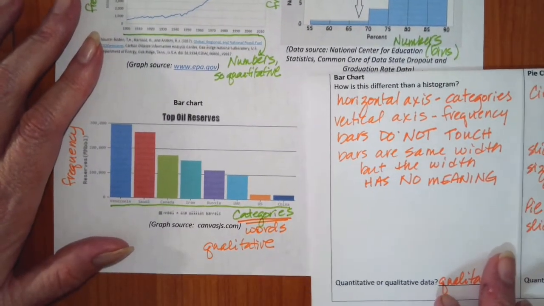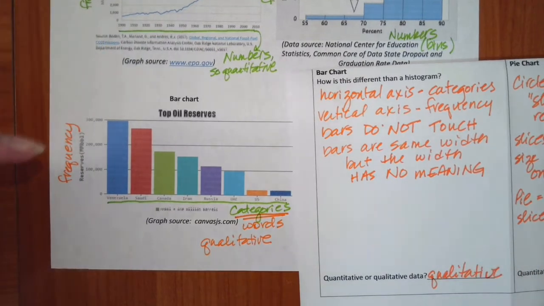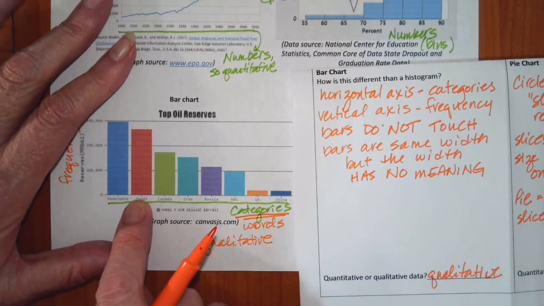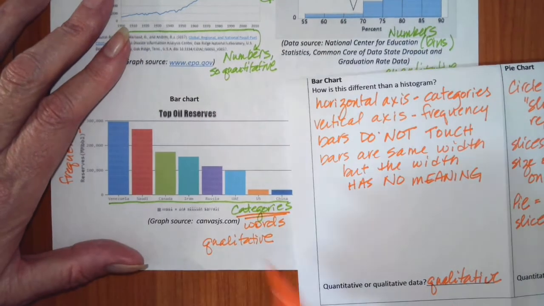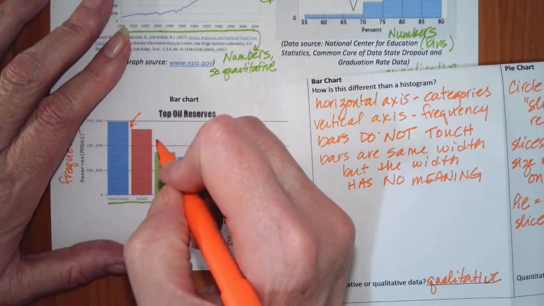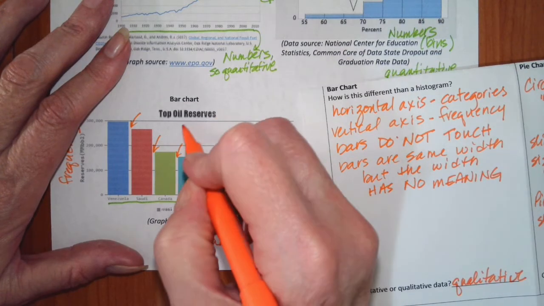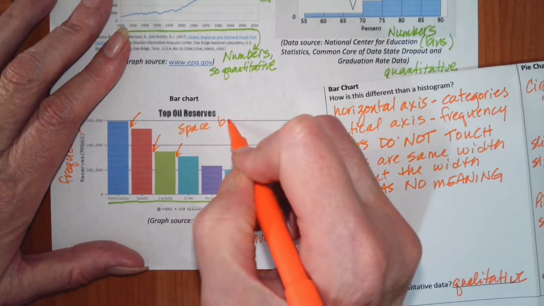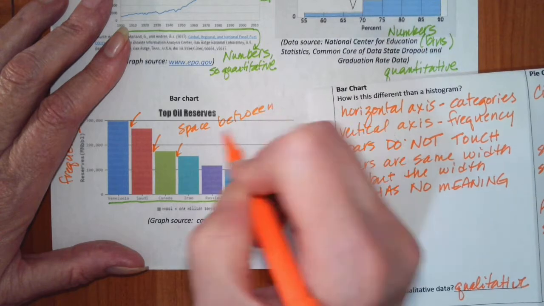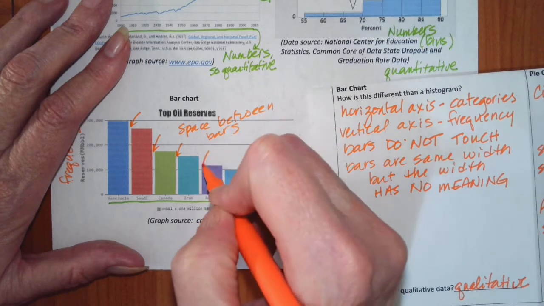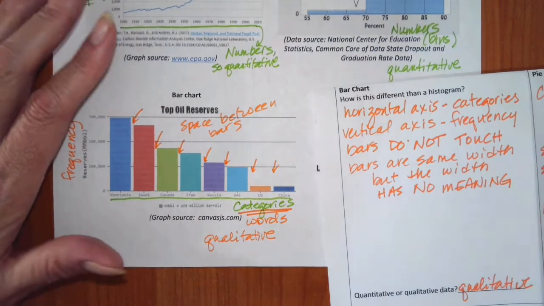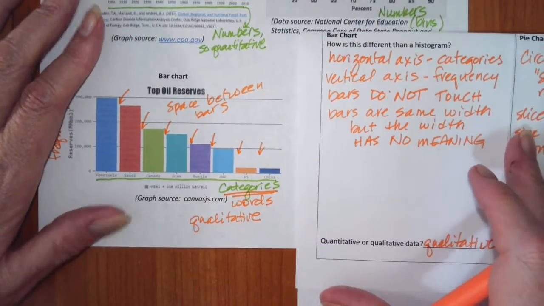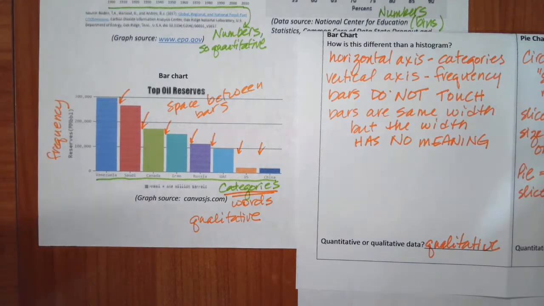Okay. The bars do not touch. Notice there is a space in between them. Okay. They are the same width, but the width doesn't have any meaning.